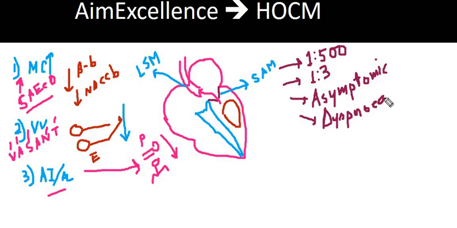We already talked about the drugs which can reduce the ventricular volume and should not be used, such as diuretics. We shouldn't use diuretics in a case of HOCM.